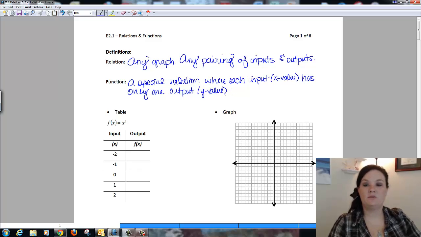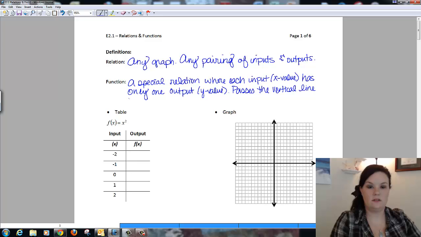Okay, a special relation where each input or x value has only one output, which is our y value. The other way that we know is that it passes the vertical line test.